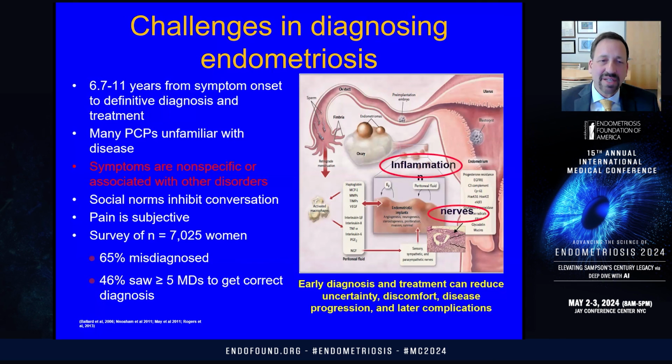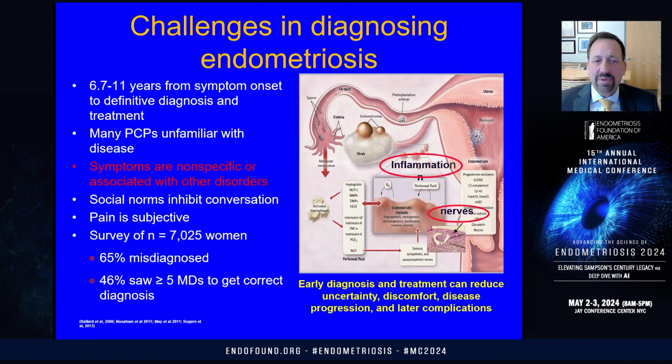We need to start thinking about people with pelvic pain and depression as not needing a psychiatrist. People with bowel pain, with bladder pain, with fatigue, as all manifestations of the endometriosis, and not think about multiple diagnoses. And I'm sure you've all had patients who come to you after seeing the urologist or the gastroenterologist or even the psychiatrist when they really just had endometriosis.